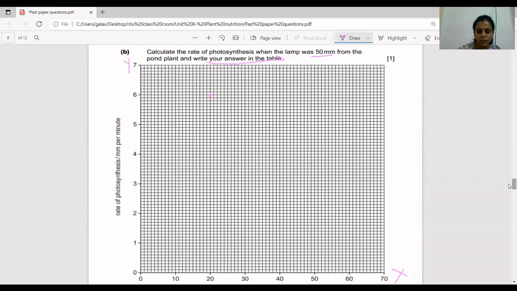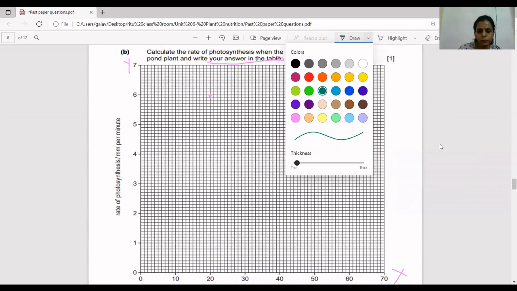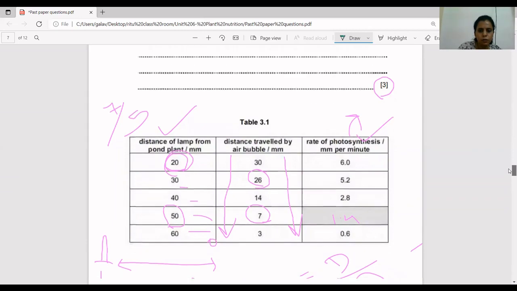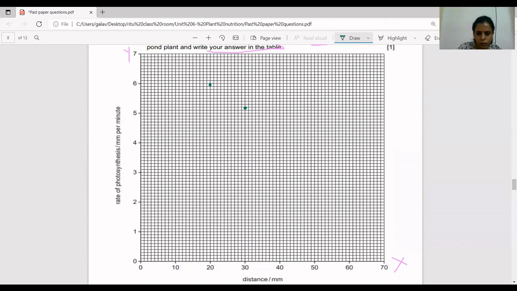Because I'm plotting directly in this graph, it might feel a little difficult. At 30 it is 5.2. Then at 40 it is 2.8.